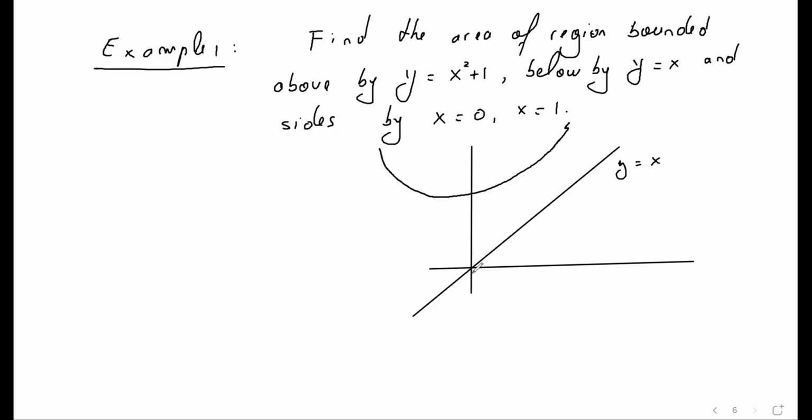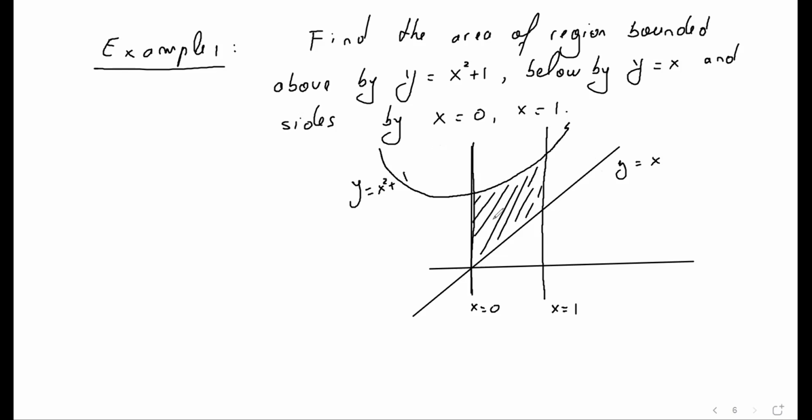And finally, x equals 0 is this vertical line, and x equals 1 would be something like this. This is the thing that we are looking at. So y equals x squared plus 1 is the top, y equals x is the bottom. This is what we want to calculate.